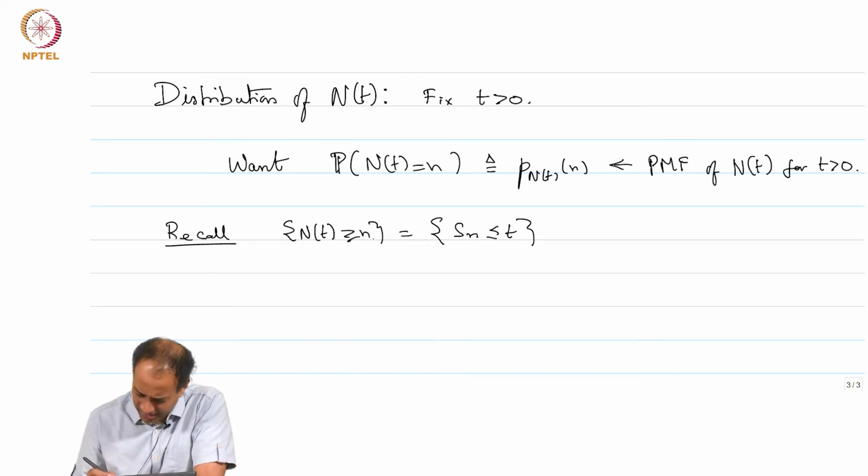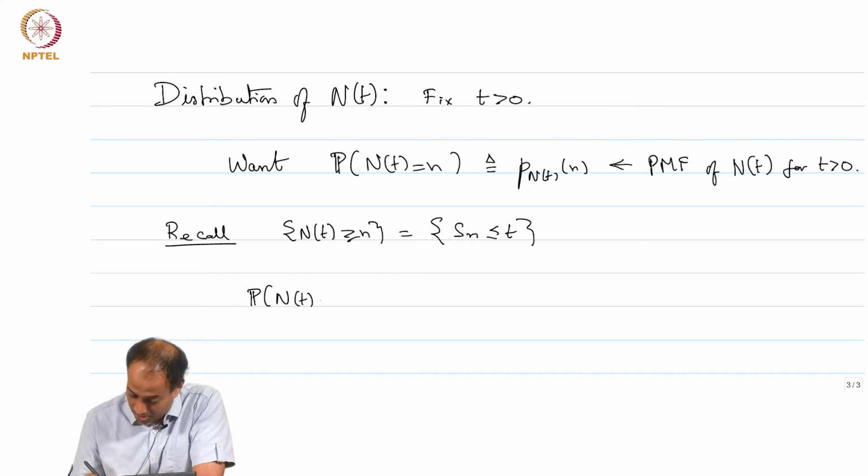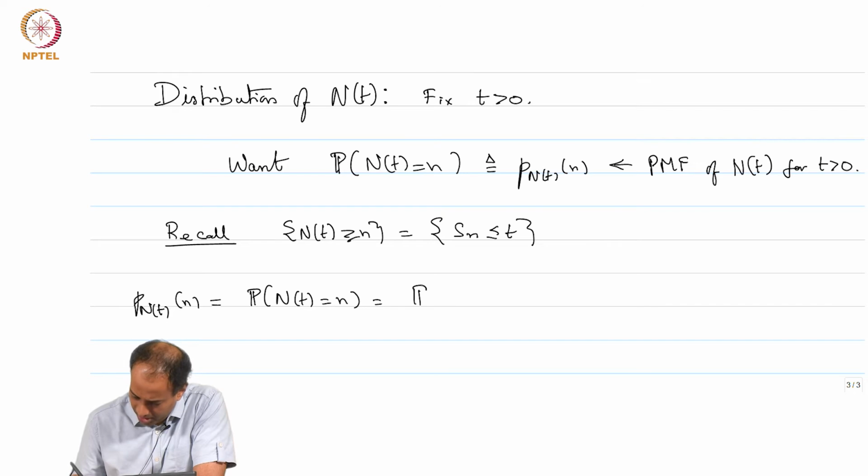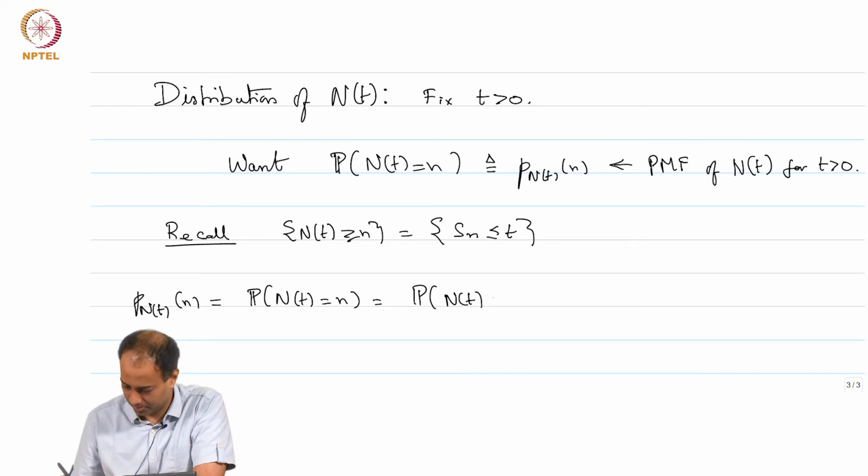It is a mostly mechanical exercise, but you can do the following, for example. One way to do it: the probability that N_t is equal to n is what you want, P_{N_t}(n) is equal to P of N_t, sorry.